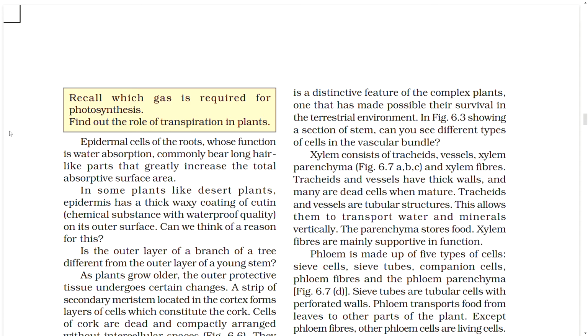Tracheids and vessels have thick walls, and many are dead cells when mature. Tracheids and vessels are tubular structures. This allows them to transport water and minerals vertically. The parenchyma stores food. Xylem fibers are mainly supportive in function.